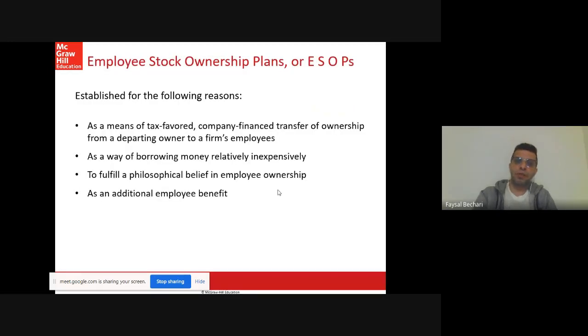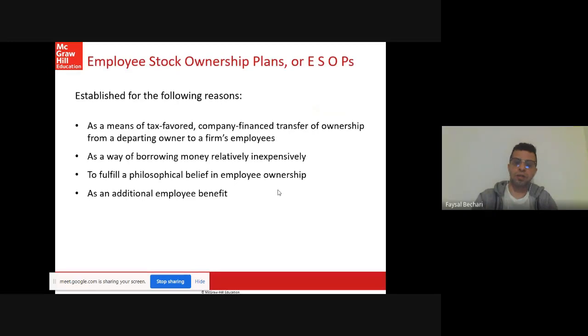There is another option, the employee stock ownership plan, where you own some stock. Here you own the company, you not only share the profit. You establish it for the following reasons. It is a means of tax advantage, because you will pay less tax since it's divided among individuals, depending on the country's rules.